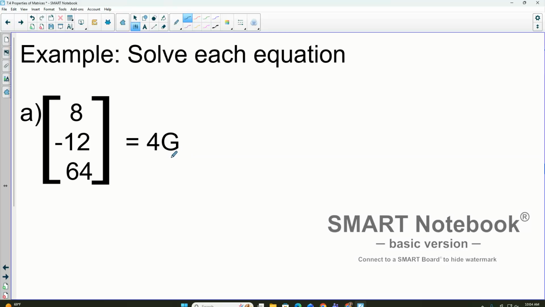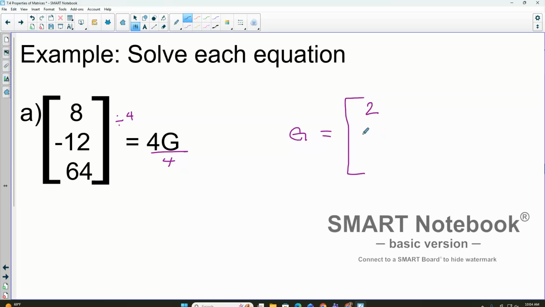G here is a matrix. So we are finding matrix G. If you were solving this equation, what would you do to get G by itself? So I'm going to take everything in that matrix and divide it by 4. The size doesn't change, so we still have a column matrix.